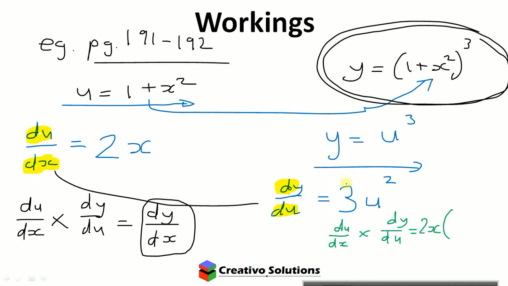What was the u representing? The u was representing the 1 plus x squared. So this would have been 3 times (1 plus x squared) squared.